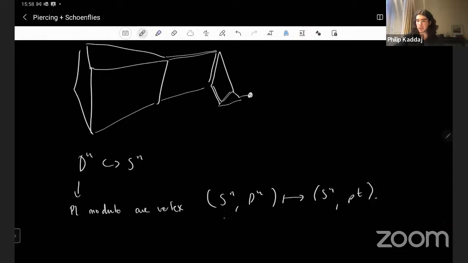Now, if this map exists, it's a map with cellular inverse D^n. So D^n is cellular, and its complement is an n-cell. But I didn't use anything about n greater or equal to 4.